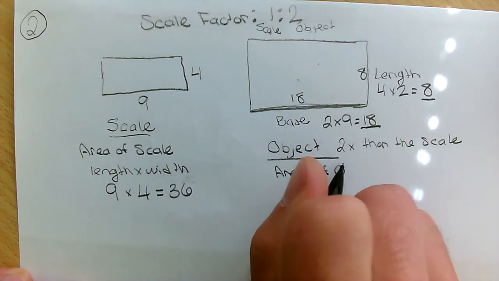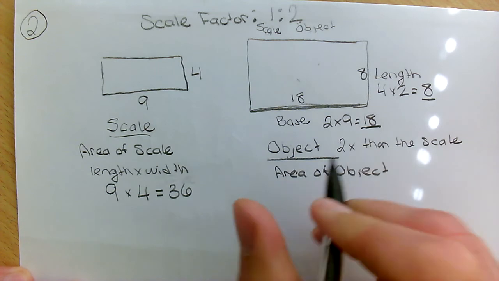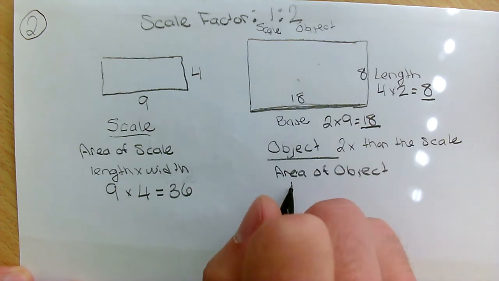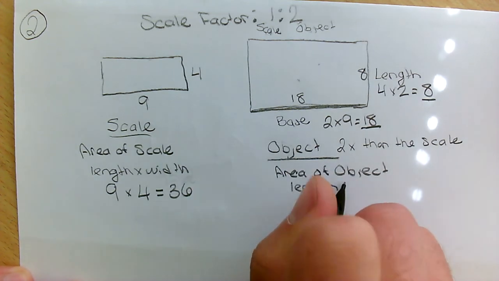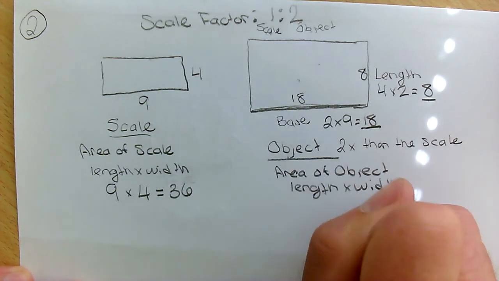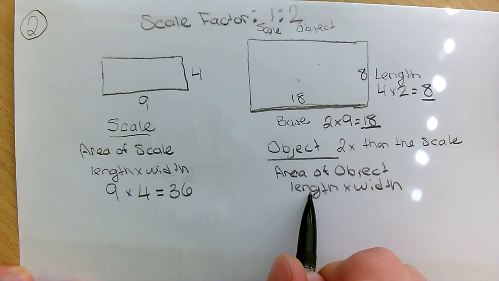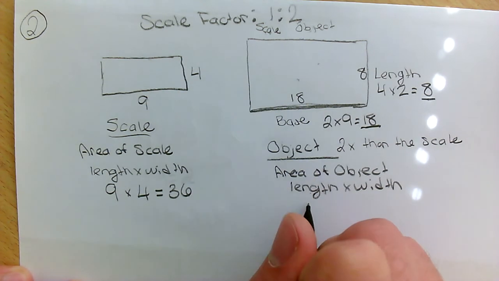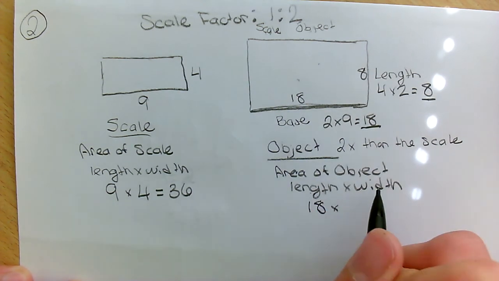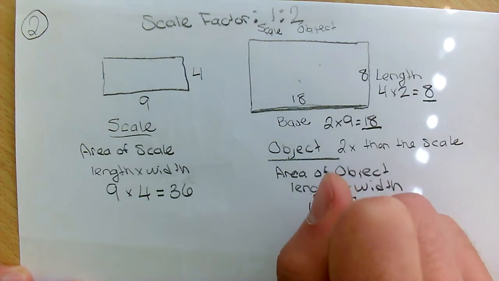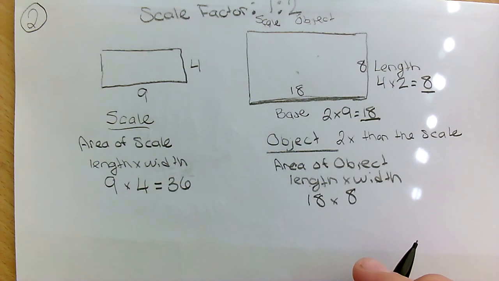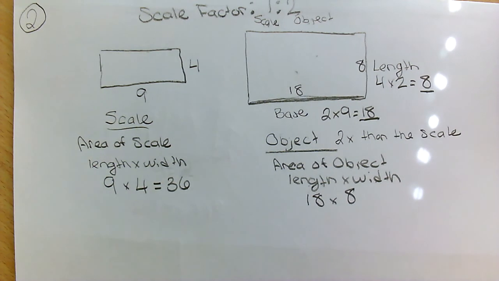Area of object. Well, same thing, it's a rectangle, so it's length times width. Our length here we solved was 18. And our width was 8. And what's 18 times 8? Well, I can't do that in my head. Some of you might be able to.